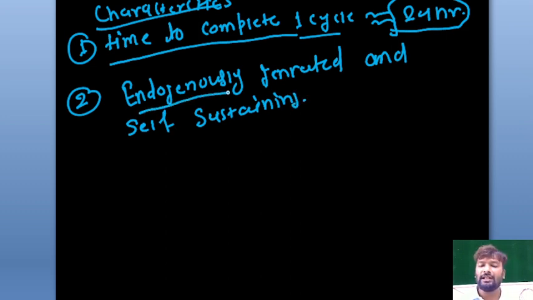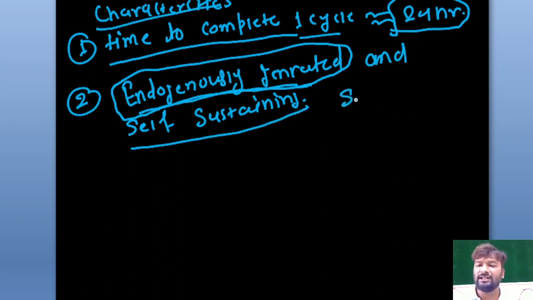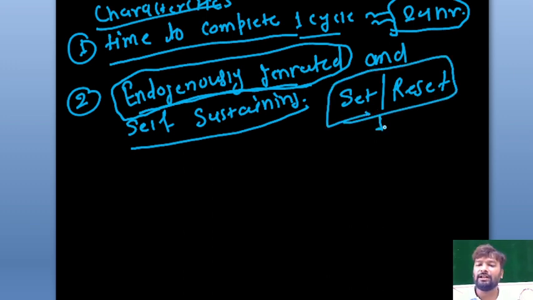Means they have an internal pacemaker, or endogenously generated, means the internal molecules or some genes regulate this process, and self-sustaining means they set and reset according to the environmental situations.